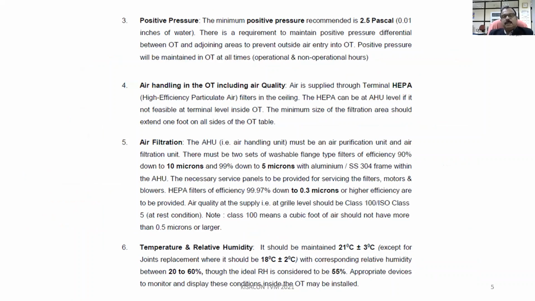Of course, we know that the positive pressure has to be maintained, and the air quality has to be maintained with HEPA filters, which have an efficiency of 99.97%, and a temperature which is kept at 21 plus or minus 3 and ideal RH of 55%.